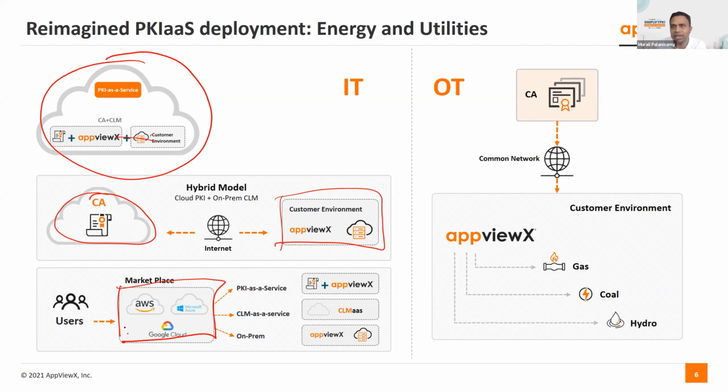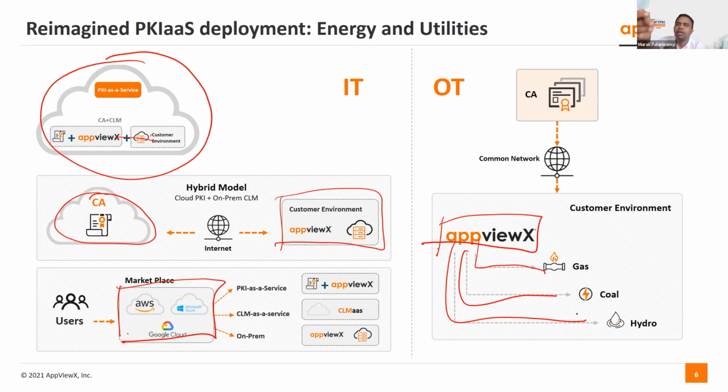Similarly, on the OT side, you could have AppViewX sitting on the common network, on the common rail in your network, and could have separate segmented access to whatever internal environments or internal distribution networks that you might have, where you want to isolate them, but at the same time manage them centrally.